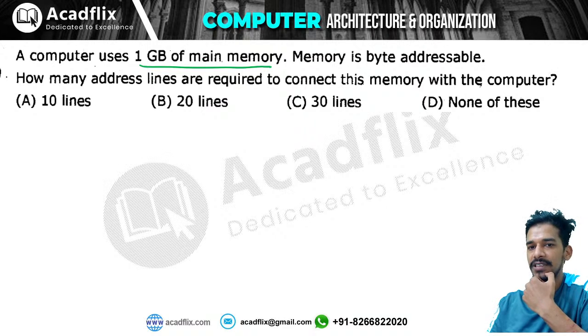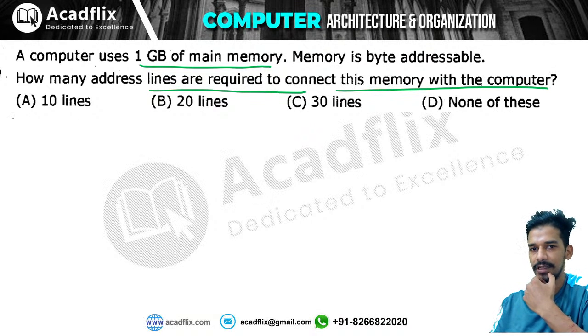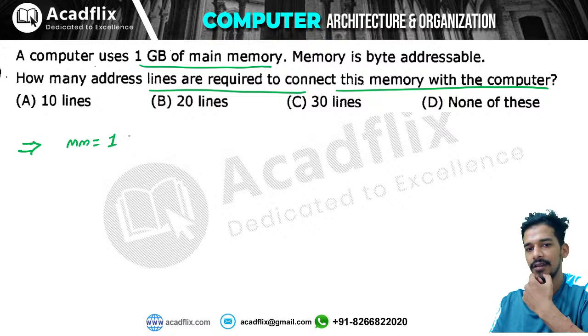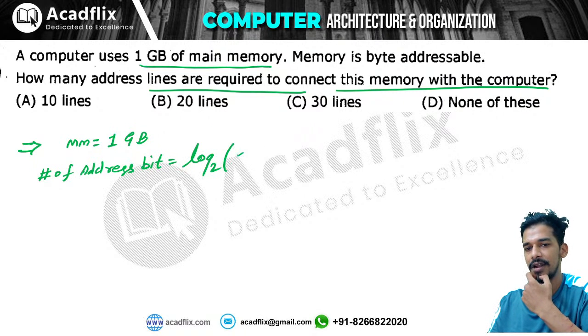So a computer uses 1 gigabyte of memory. Memory is byte addressable. How many address lines are required to connect this memory with the computer? Okay, so you have a main memory of 1 gigabyte. Number of address lines, I told you that the number of address bits will be equal to log base 2 of 2 to the power 32 bytes, right?